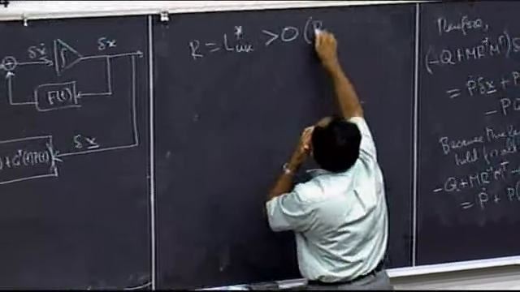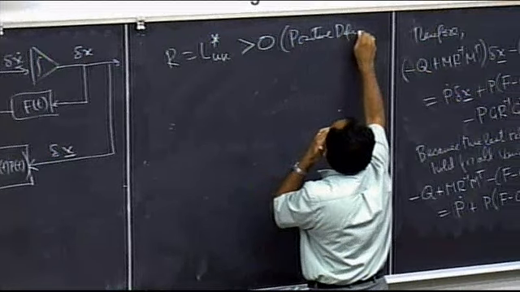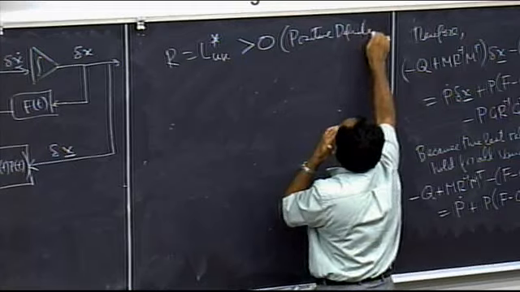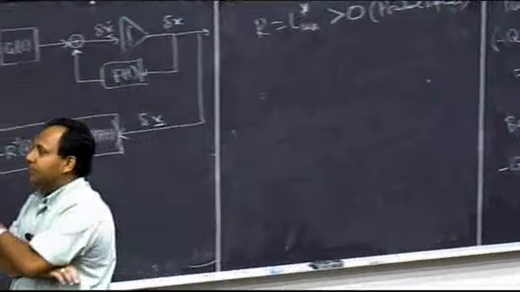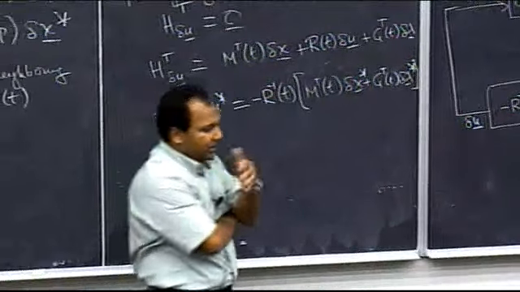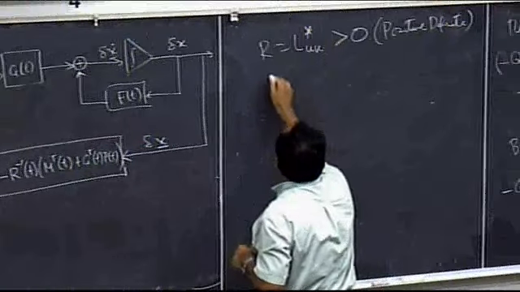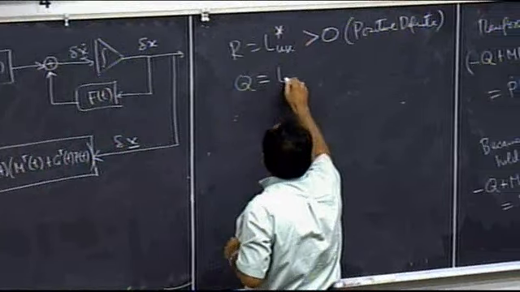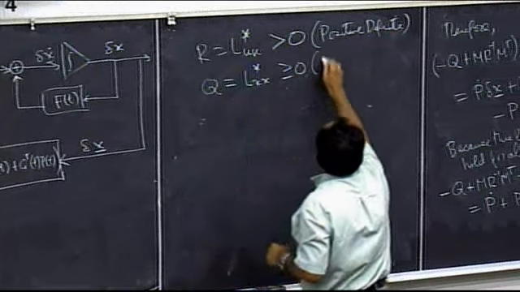When I say it's greater than 0, this means this matrix has to be positive definite. It cannot be positive semi-definite even. It has to be positive definite. Now, the other thing we impose, which is not strictly speaking a requirement, but just aids in this problem being well defined, is that Q, which is equal to L_XX star, has to be positive semi-definite.